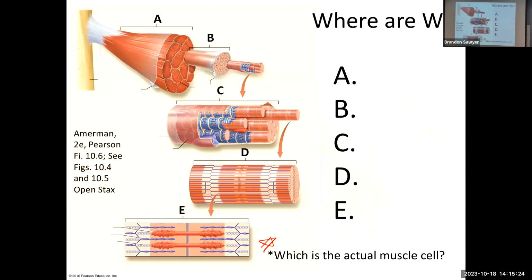Okay, sure. You're right. Then B is the fascicle, and C is the myocyte. All right, so you're sending in the one that is the actual muscle cell itself or muscle fiber.